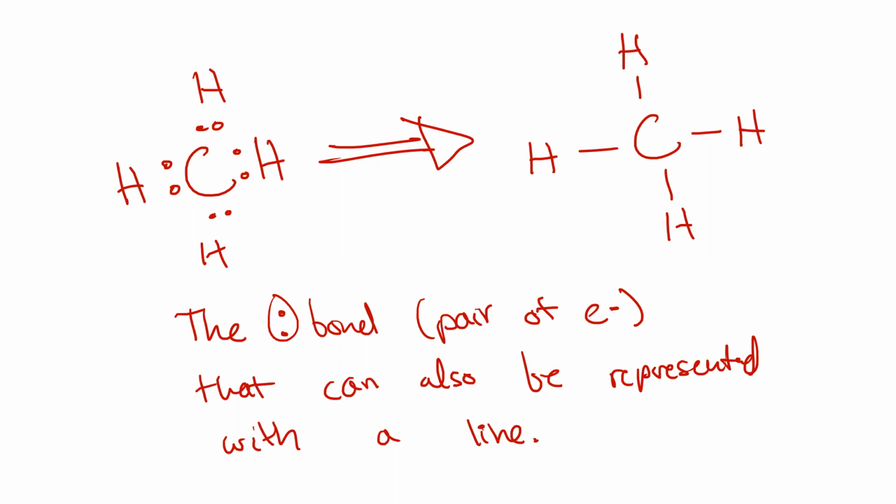Okay. It's now the bond, which is still a pair of electrons. Any questions? Question? If there's only one dot, it's not between atoms. It's a good question. And there won't be a line because you need a pair of electrons to form a bond. Absolutely.